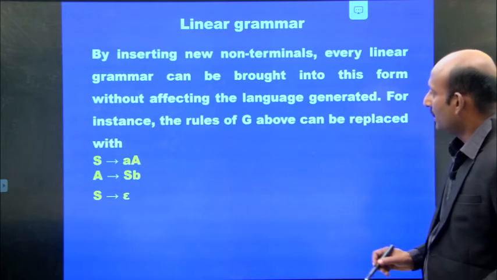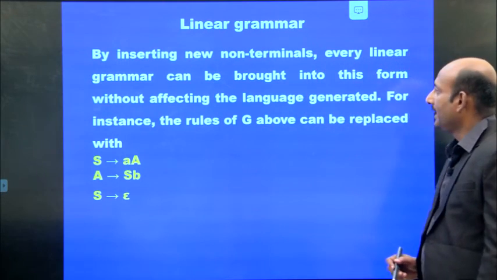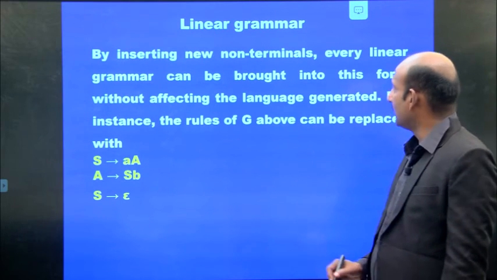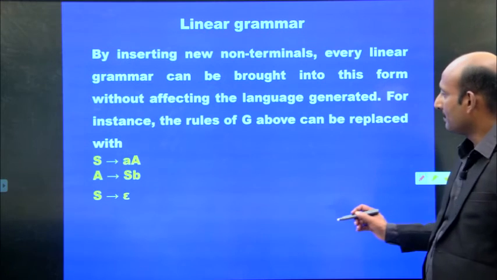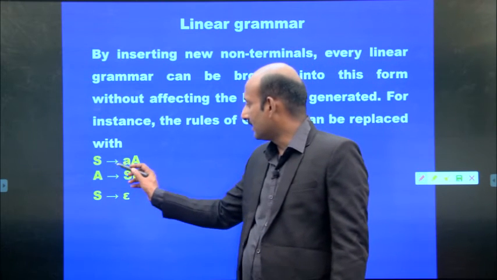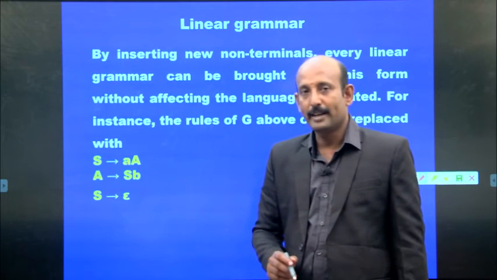Okay, now we are inserting new non-terminals so that every linear grammar can be brought into this form without affecting the language generated. For instance, the rules of this grammar G can be replaced. See, S tends to small a, capital A. What type of grammar?